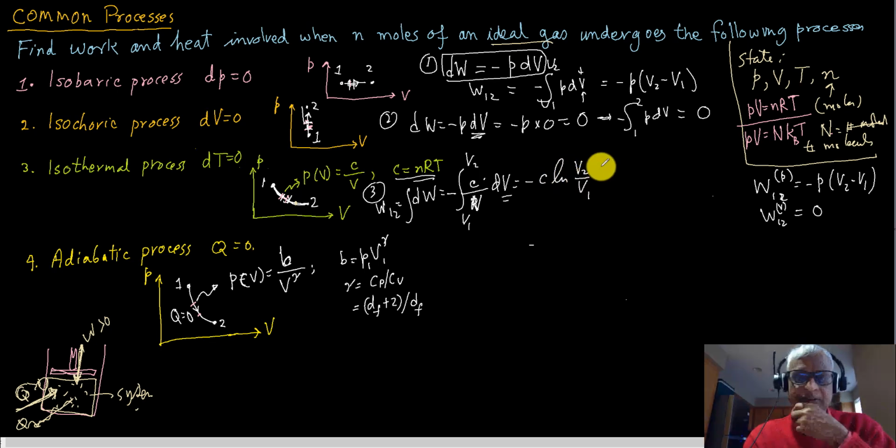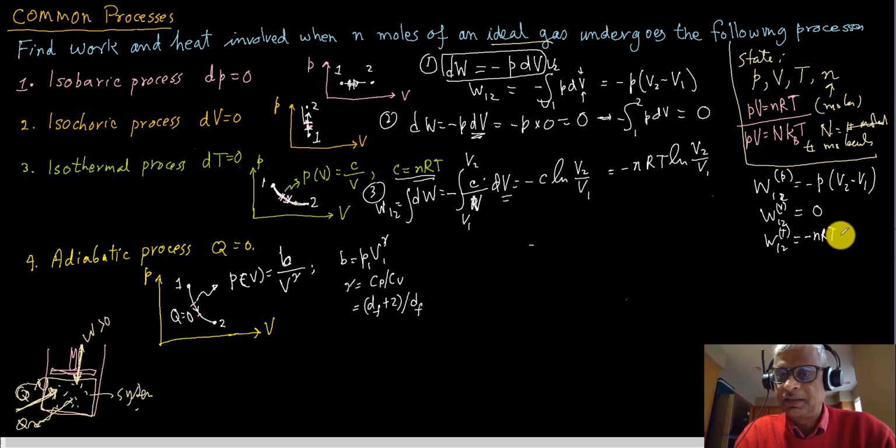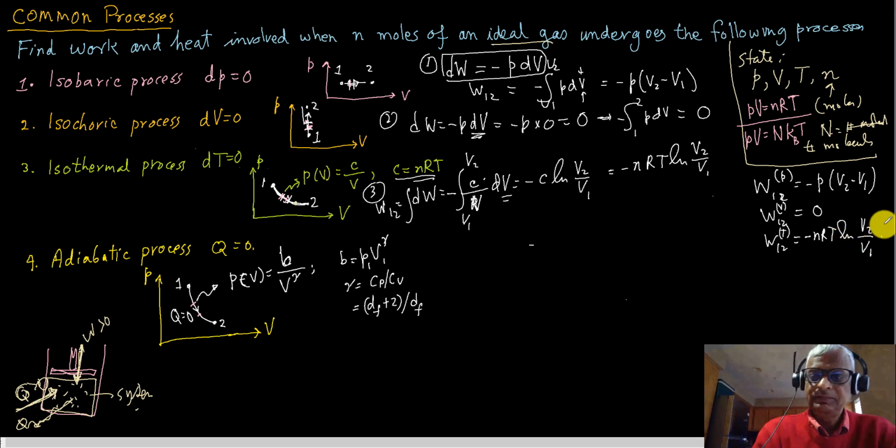Putting C back, W12 for constant temperature is minus nRT log V2 over V1.